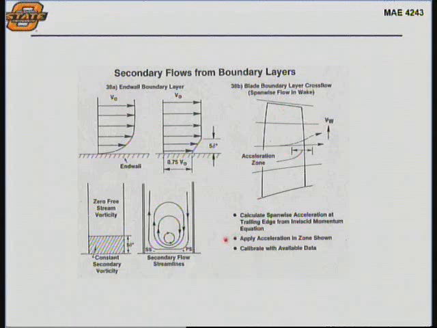Now, secondary flows that are due to boundary layer momentum. Remember, the flow near the wall has less momentum. In this particular picture, the flow is coming out of the page. So the flow near the hard walls is going to have less momentum, less velocity, and it's going to be subject to different pressures than the flow, say, in the middle.